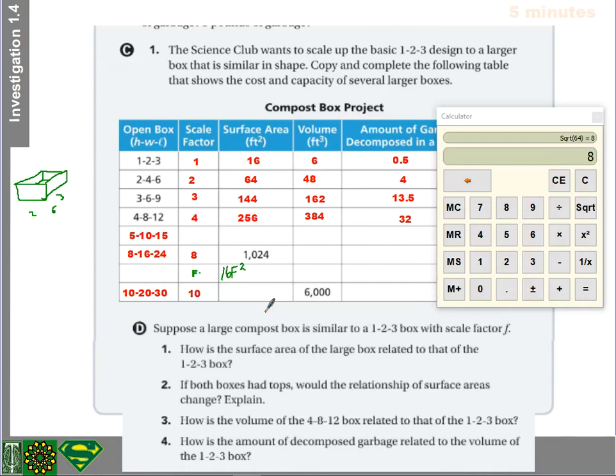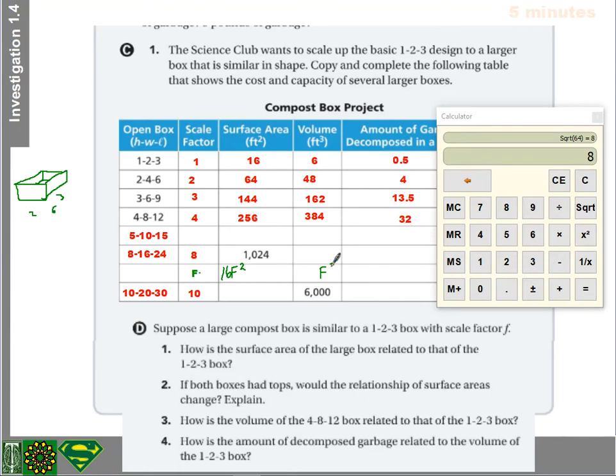Using that logic for the volume, well, volume is in 3 dimensions, so it would be the scale factor cubed times bigger. 2 cubed is 8. 8 times 6 is 48. 3 cubed is 27. 27 times 6 is 162. So what are we doing each time with our scale factor?